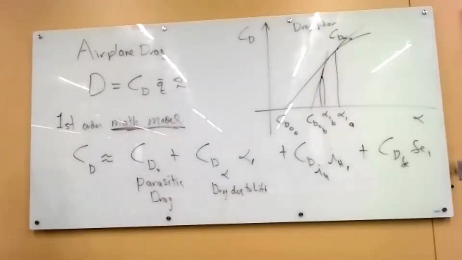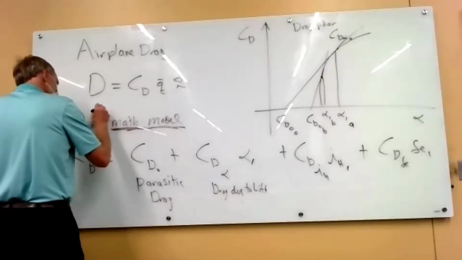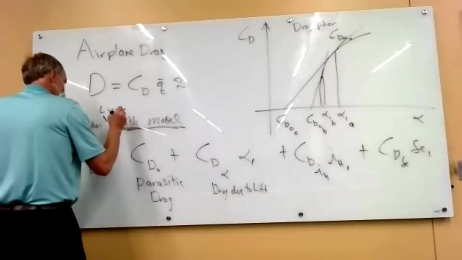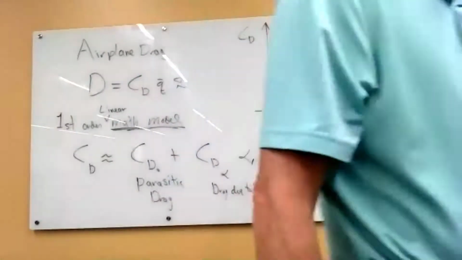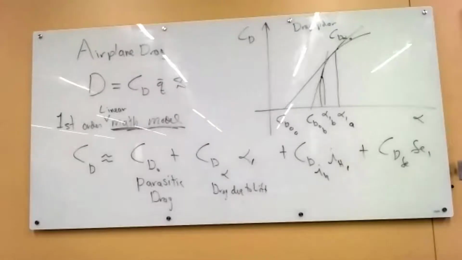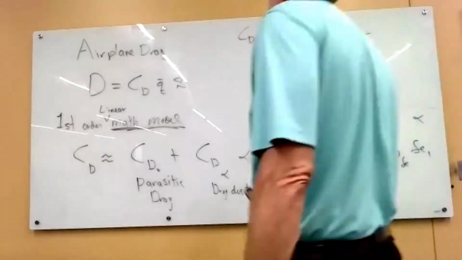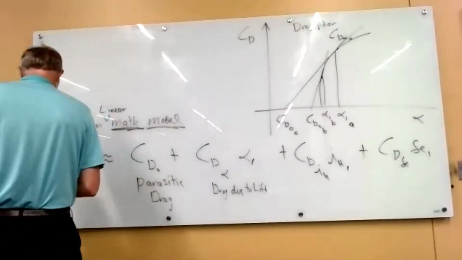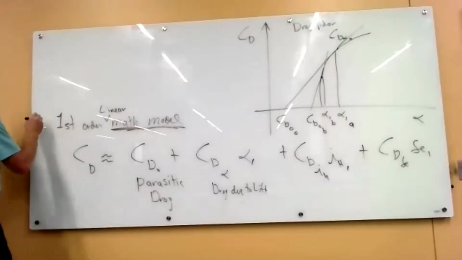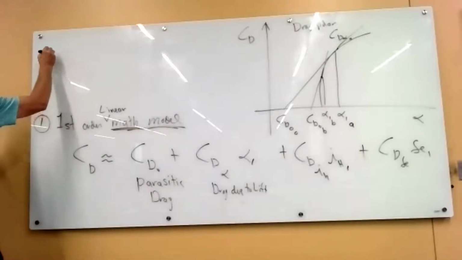And so maybe we don't want to use this linear model. We should have put linear in here. Maybe we want to do a drag polar, which is parabolic. And if we have the drag polar and we can handle the nonlinearity in it, then we use that. If we want a linear model, then we use this. So this is option 1, or model 1.